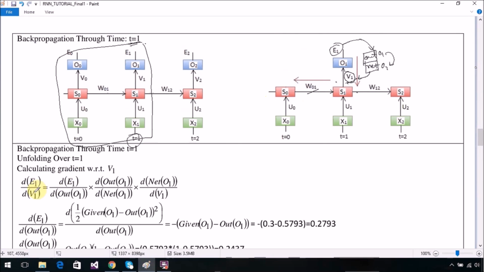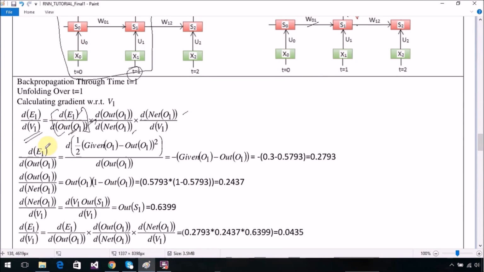So we can expand the partial derivation of E1 with respect to V1 as E1 to out O1, out O1 to net O1, and net O1 to V1. We will calculate these three values separately and take the product.